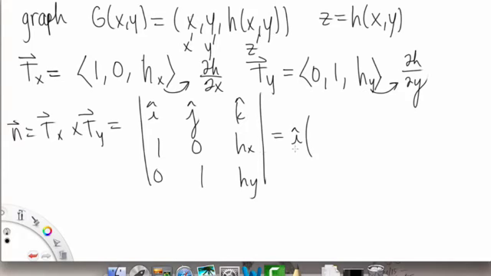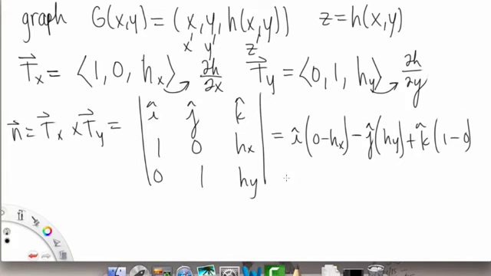What we get is i times 0 minus h sub x, and then minus a j times h sub y minus 0, so just like that. And then our last one is k, and that's just going to be times 1 minus 0. Alright, so our normal vector is going to look like negative h sub x, negative h sub y, and a 1. Alright, so again, these are just the partials of h with respect to x here, and with respect to y here.